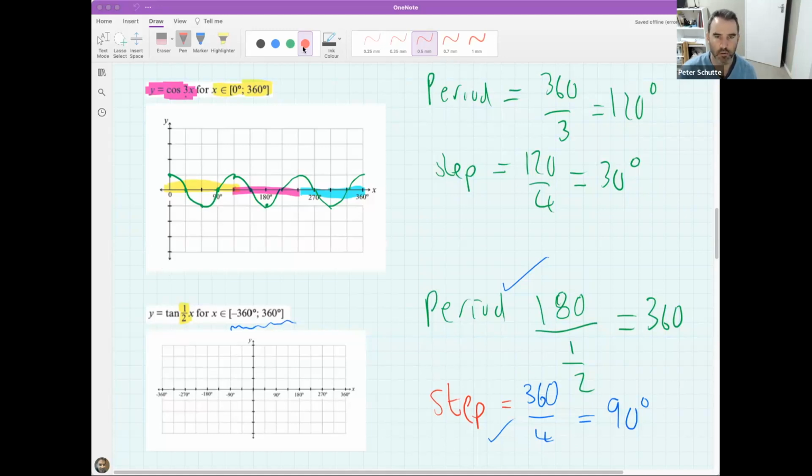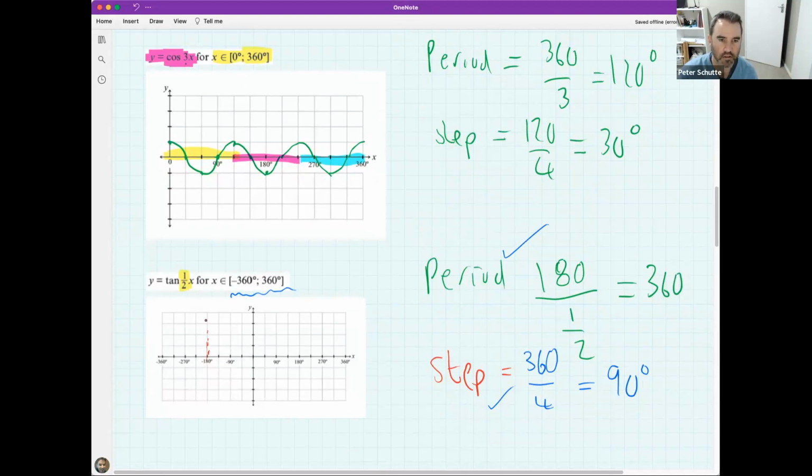And we have errors, goodness gracious, but we actually know with the tan graph, we expect there to be asymptotes somewhere, and the errors just tell us where the asymptotes are. So there's an error there, and there's an error at plus 180, which makes sense because the period of this graph is 360.